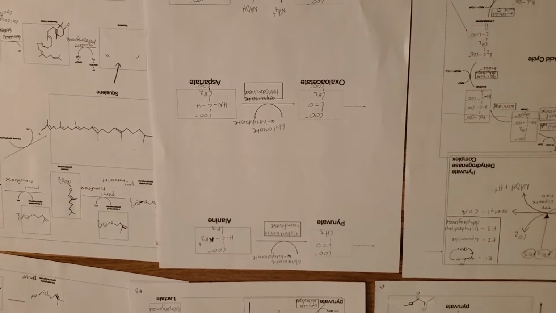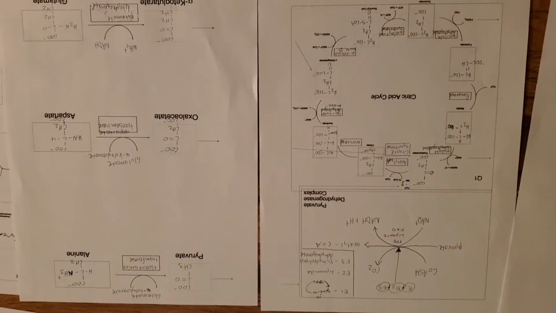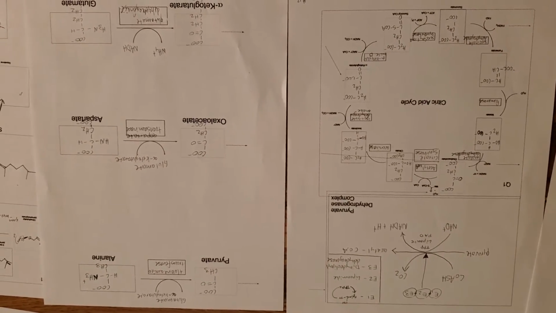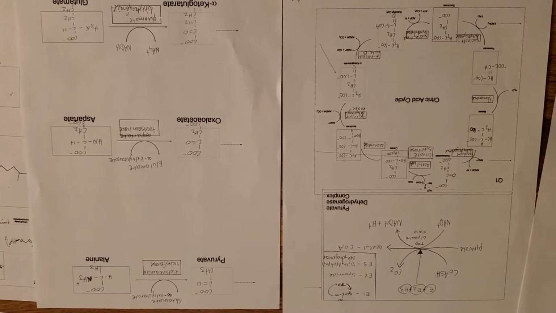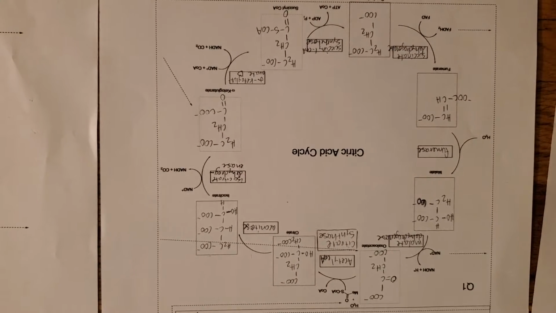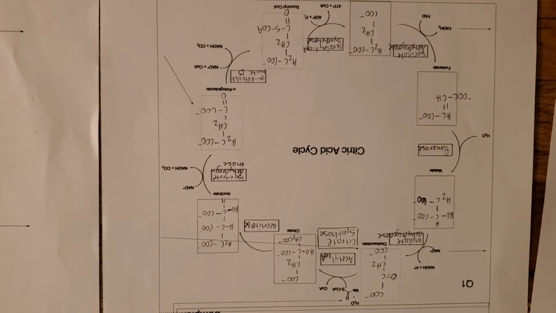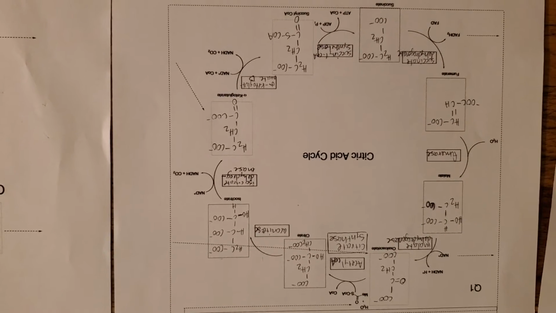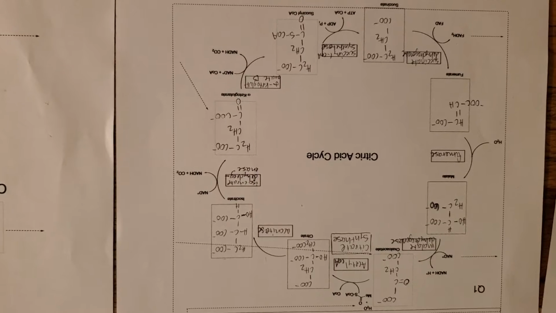So like you can see, pyrimidines and purines, like alanine, aspartate, glutamate, these are all broken down and sent into a mechanism called the citric acid cycle, or into the pyruvate dehydrogenase complex. So within these cycles, electron carriers are used to generate enough energy for this process to occur.